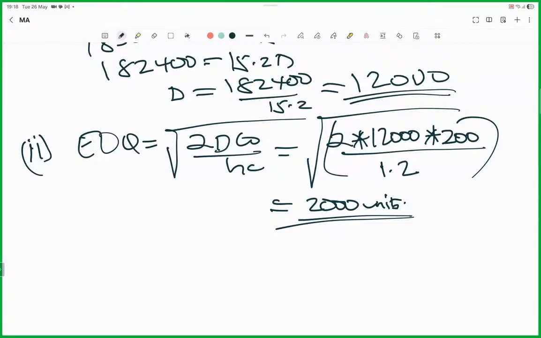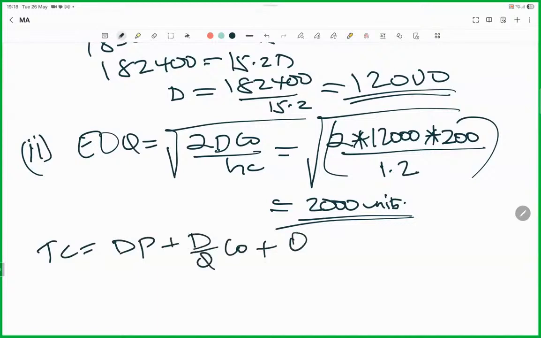Then our total cost will be DP plus D over Q times CO plus Q over 2 times H. Annual demand is not in advance and remains constant. The Q can change, but annual demand will never change. So what is our annual demand? 12,000. What is the price applicable?